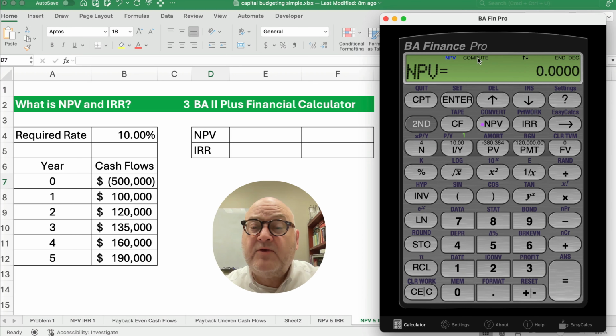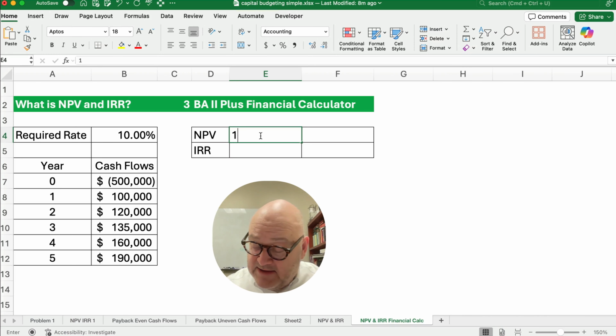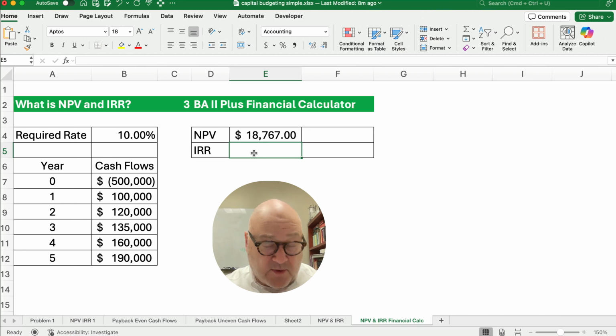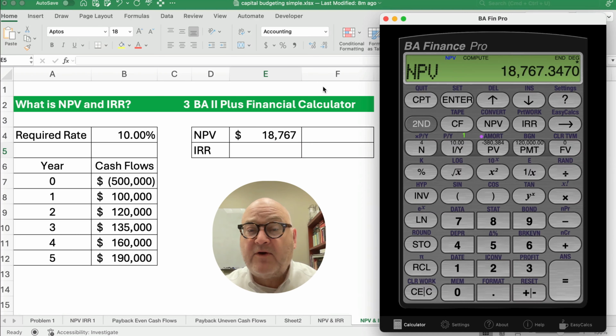So compute right here on the top left is CPT. So here's our answer, 18,767. I'm not going to worry about the pennies here.